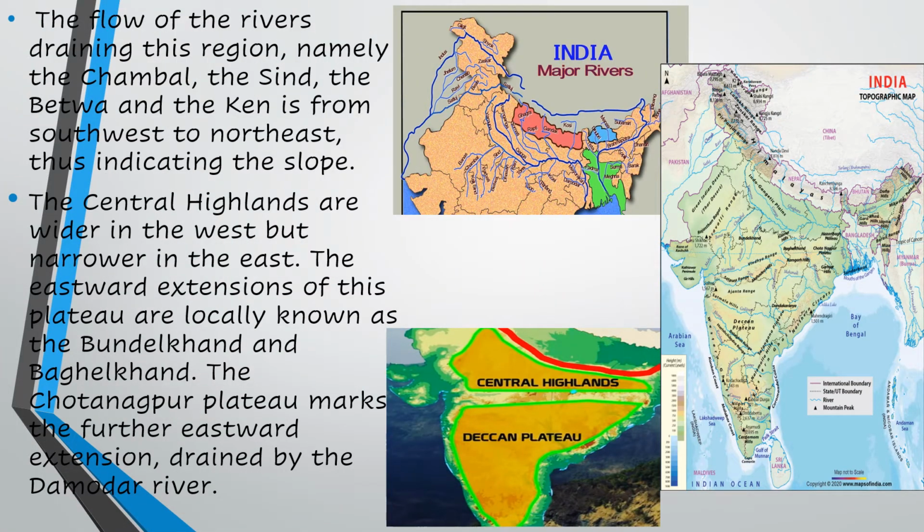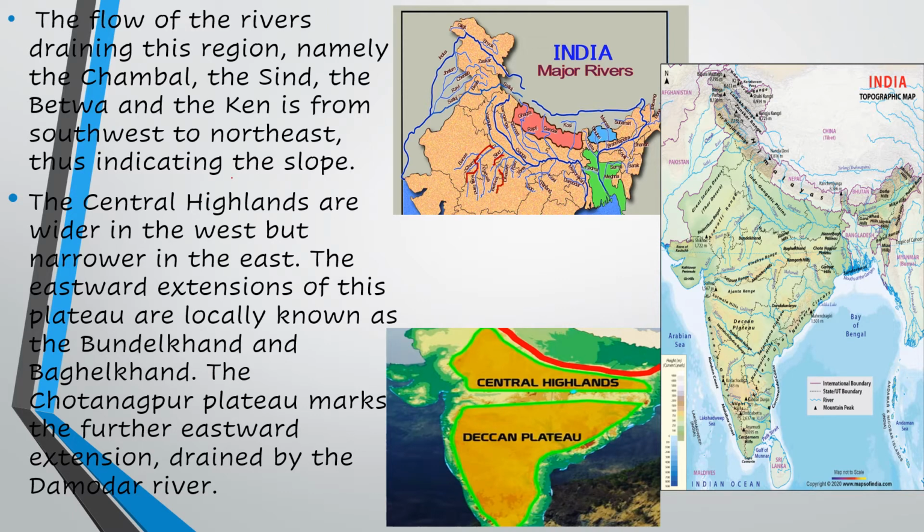The flow of rivers draining in this region, the Central Highland region in the Peninsular Plateau, children. The flow of the rivers draining in this region, namely the Chambal, you can see river Chambal over here. Yes, the Sindh, you can see Sindh river over here. The Betwa, you can see the Betwa river over here, where it is flowing.